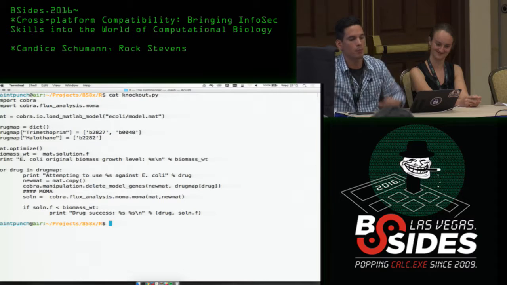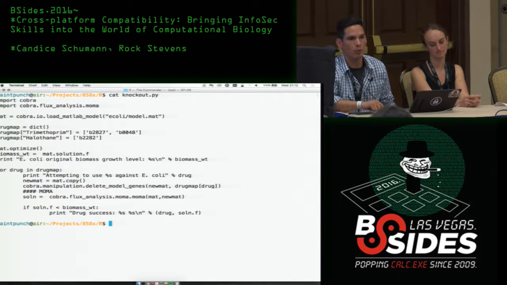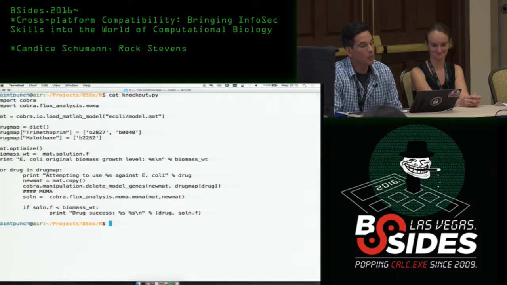Spread the seed, be productive, be fruitful. And in this particular instance, we're assuming that all cells want to have optimal biomass growth. They want to achieve the largest spread of that seed. So what we're doing in this metabolic network is targeting the biomass growth and want to find what drugs kill it, effectively denial-of-servicing the cell.